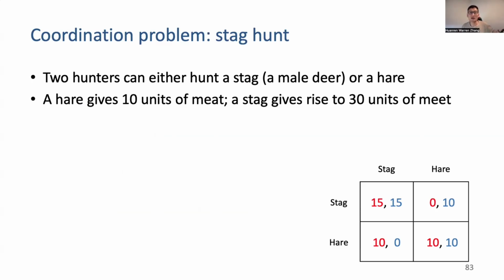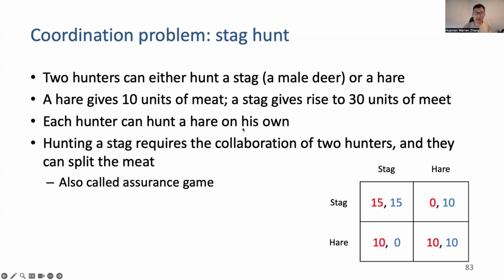They can either hunt a stag, which is just a name for a male deer, or a hare. A hare gives 10 units of meat. A stag gives rise to 30 units of meat. But the issue here is that each hunter can hunt a hare on their own. You can just go and get a hare, but hunting a stag requires the collaboration of the two hunters, and they can split the meat.